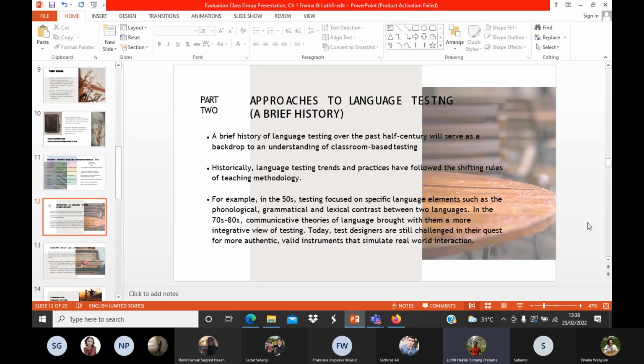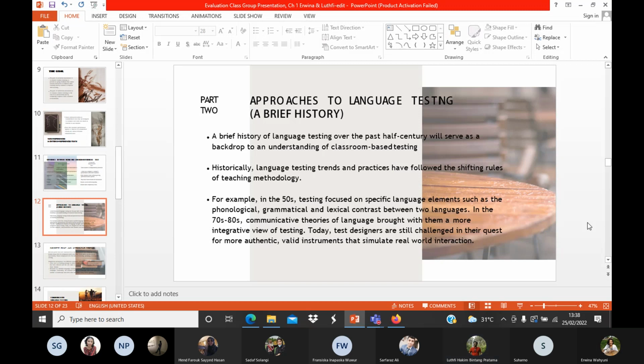For example, in the 1950s, testing focused on specific language elements, such as the phonological, grammatical, and lexical contrasts between two languages. In the 1970s and 1980s, communicative theories of language brought with them a more integrative view of testing. Today, test designers are still challenged in their quest for more authentic, valid instruments that simulate real-world interactions.